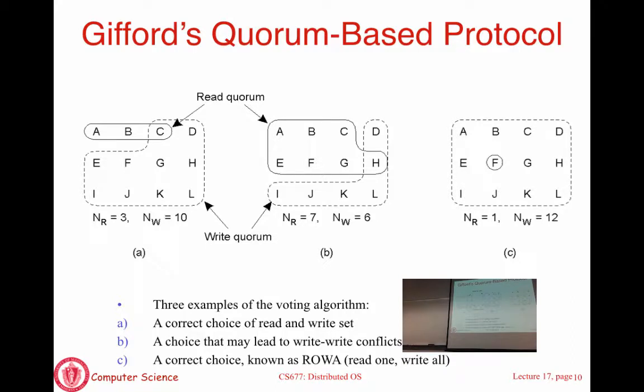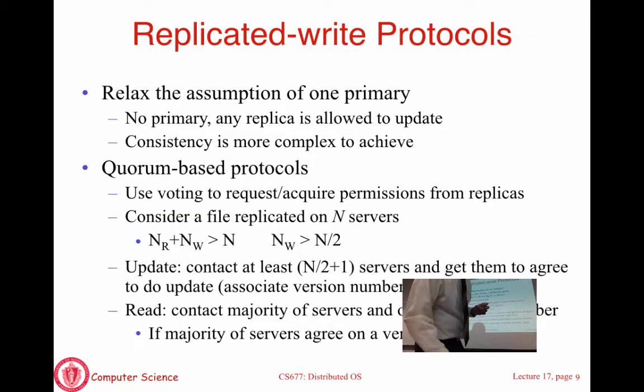More than 5 of those servers in the write quorum have to agree. So I said that you have to pick the read and write quorum in this way. Write quorum has to be strictly greater than half the number of servers. It can be any value, but you have to at least have more than half.